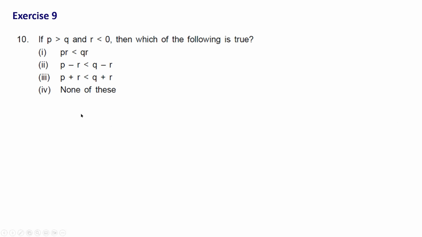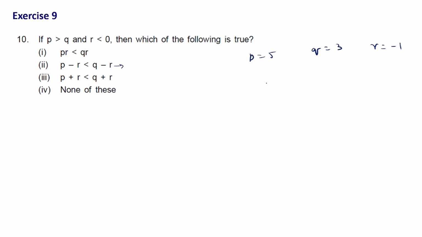The last question. If p greater than q and r less than 0, then which of the following is true? So here it is given p is greater than q and r is less than 0. That is, r is negative. We have to find which option is true. Now if we take p as 5 and q as 3, and let us take r as negative 1.